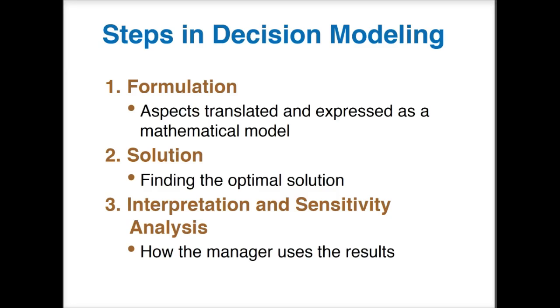All right, so the steps in decision modeling. The first thing that we do is the formulation of it. In other words, we want to understand what it is that we want from our particular model, and then we need to express that mathematically, okay? So let's say, again, if our goal is to bring a product to market, then we need to know what our profit is going to be for it.